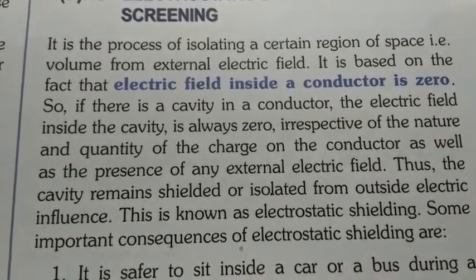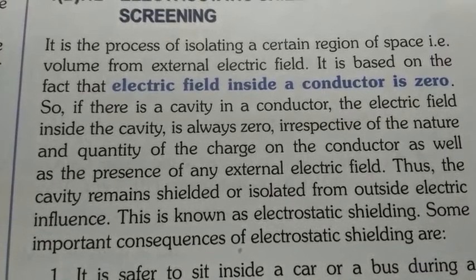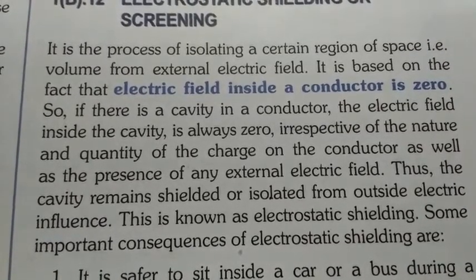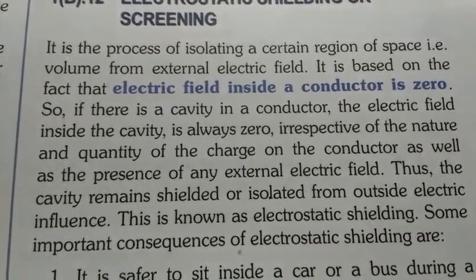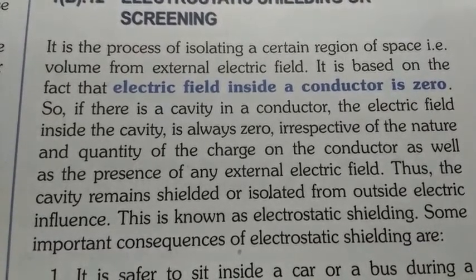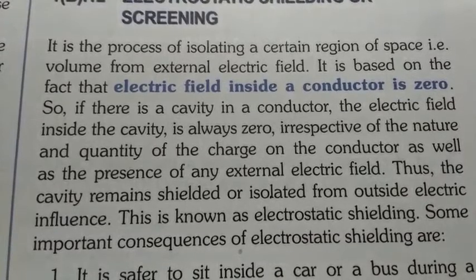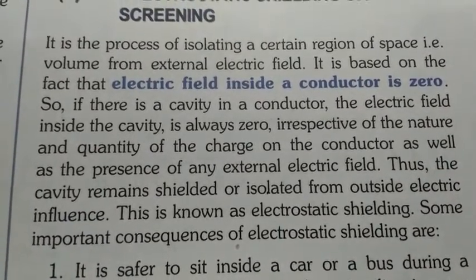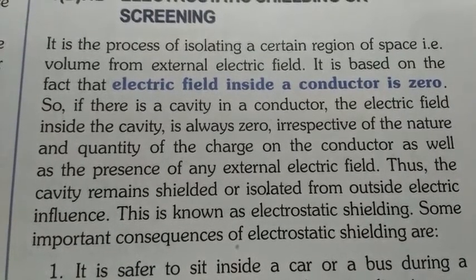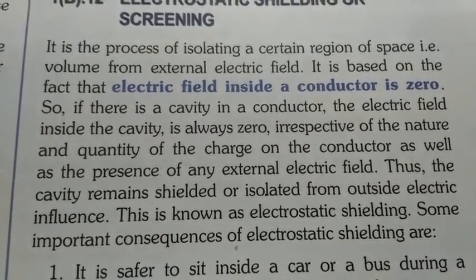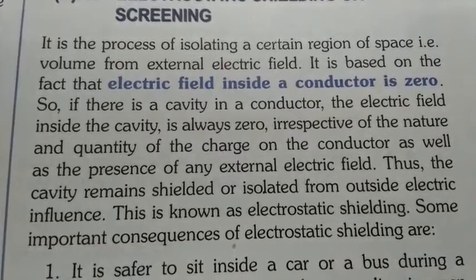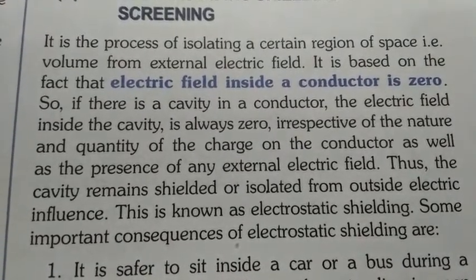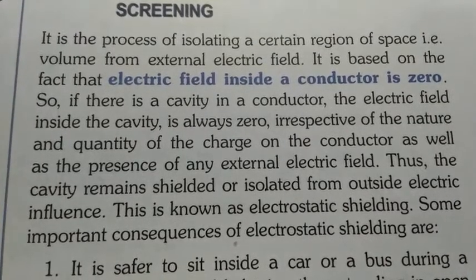Then I also told you that it is made up of metal. Metal is a conductor of electricity. But when lightning falls on a metal which is a closed figure, like if you are inside a car or bus and tightly pack all the doors and windows, it becomes like a packed box, and inside that there will be no effect of the thunderstorm.